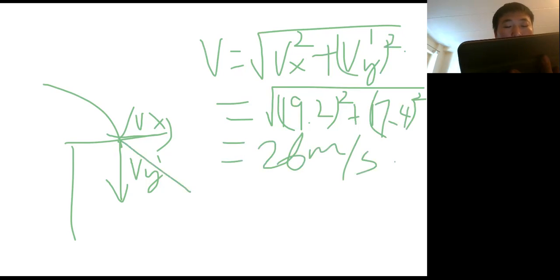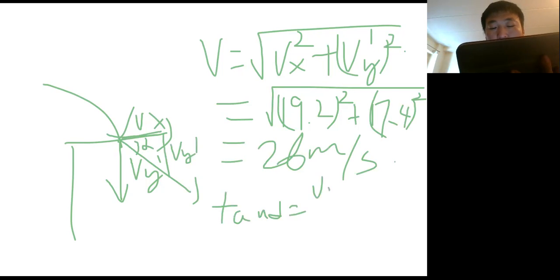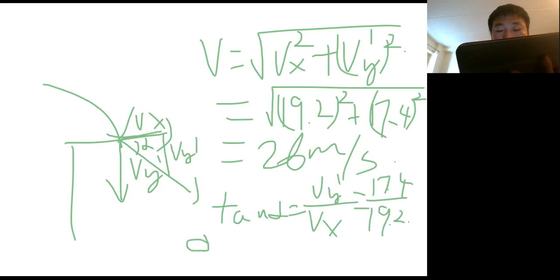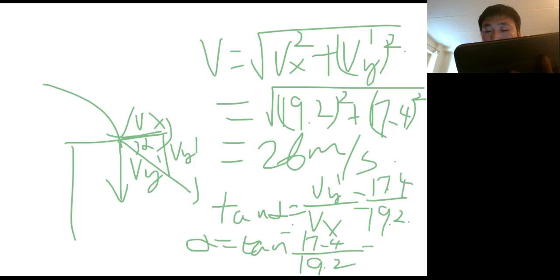The angle here is alpha, between Vy dash and Vx. So tangent alpha equals Vy dash divided by Vx, which is 17.4 divided by 19.2. So alpha is the arc tangent of this number, which leads to alpha equal to 42 degrees.